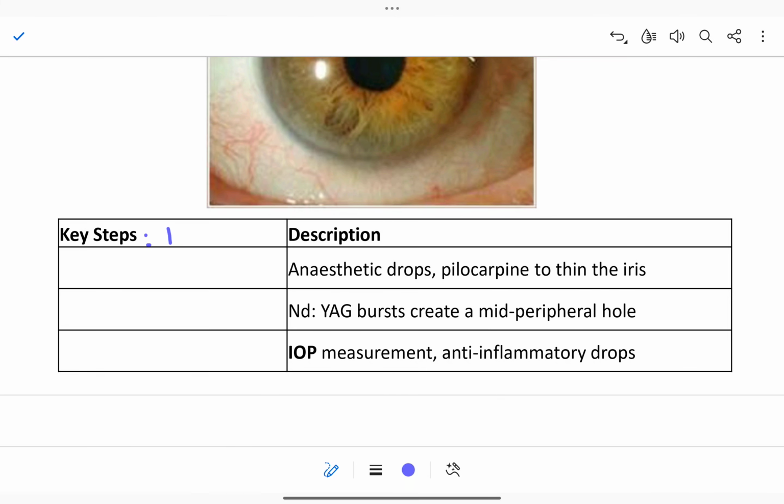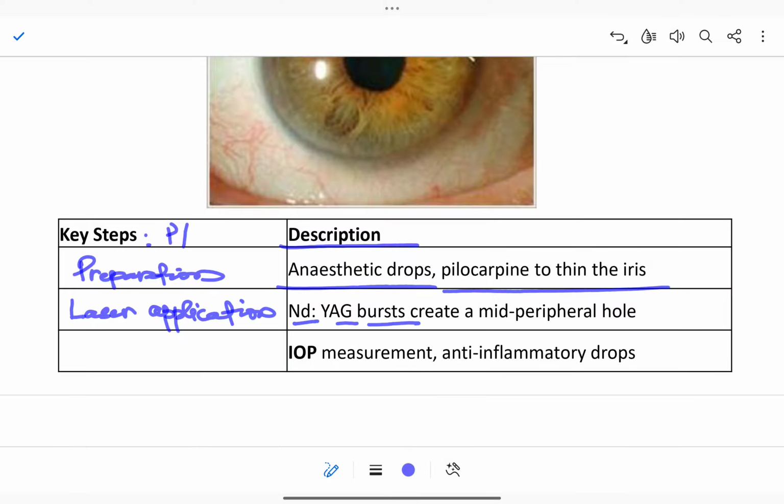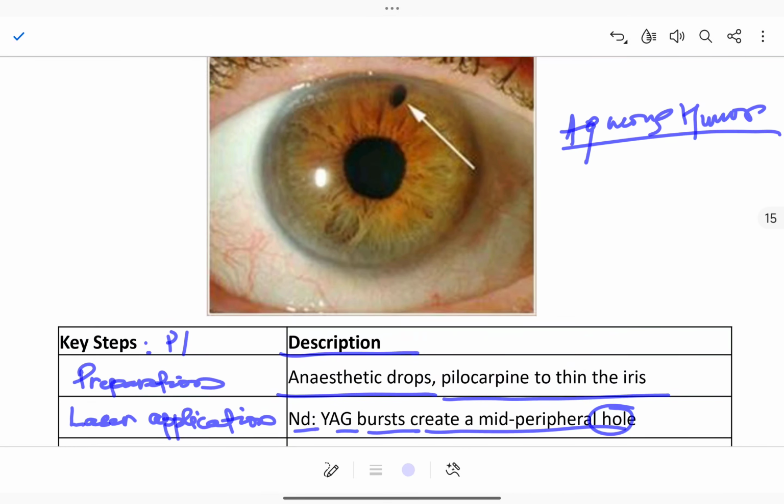This is preparation: anesthetic drops, pilocarpine to thin the iris. Next, laser application: Nd:YAG burst creates a mid-peripheral hole.